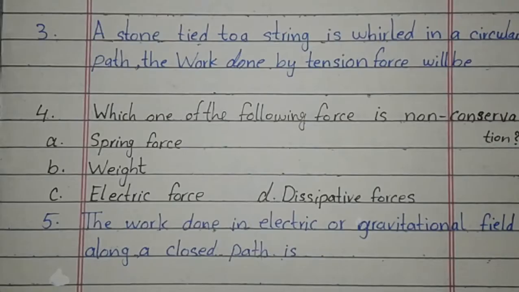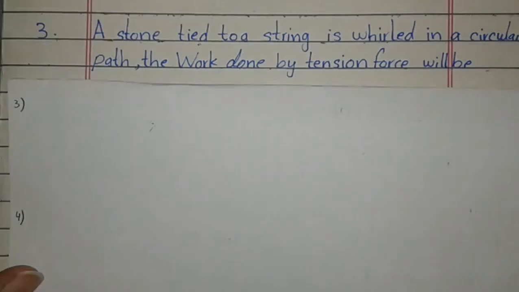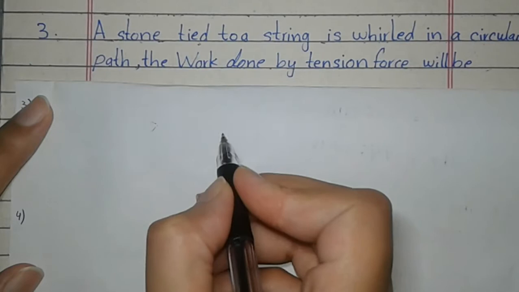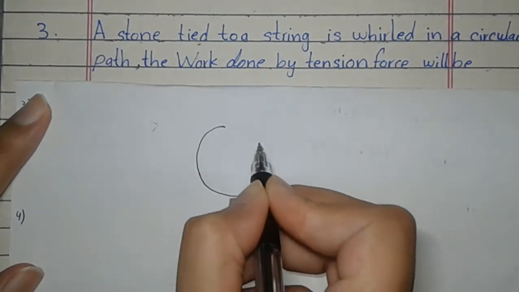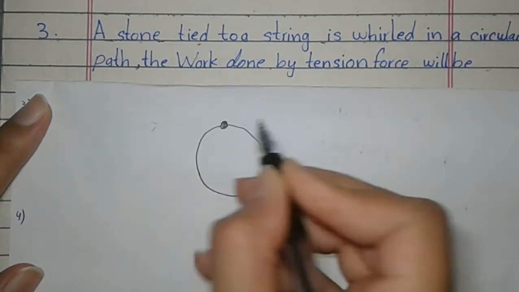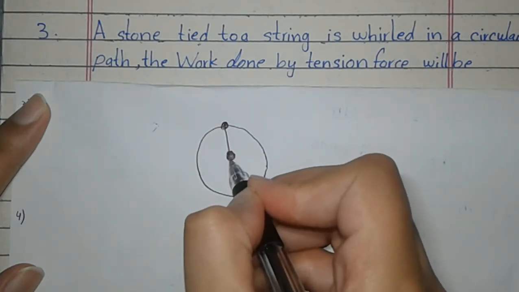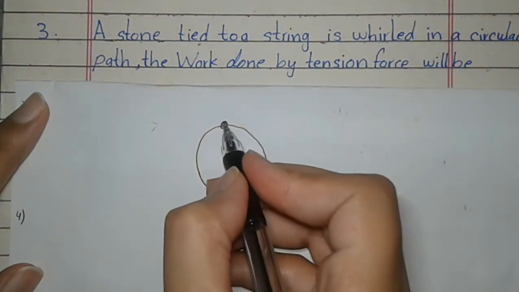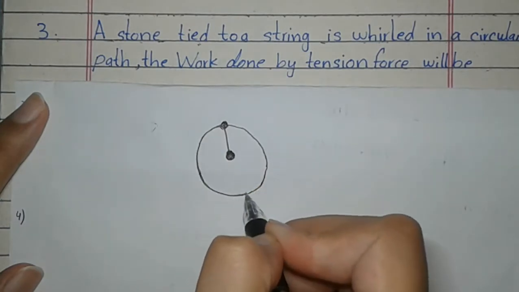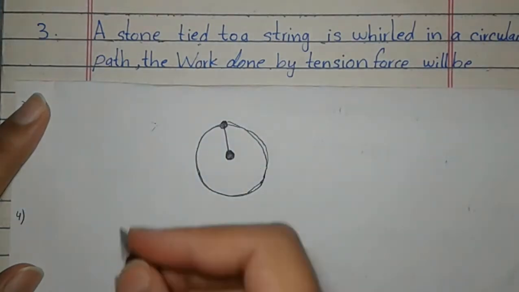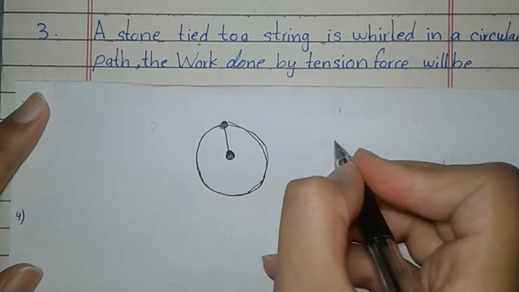Next one. A stone tied to a string is whirled in a circular path. The work done by tension force is. See, it's a stone tied by a string here in the center. When the stone is whirled in a circular path, the work done by tension force will be 0.